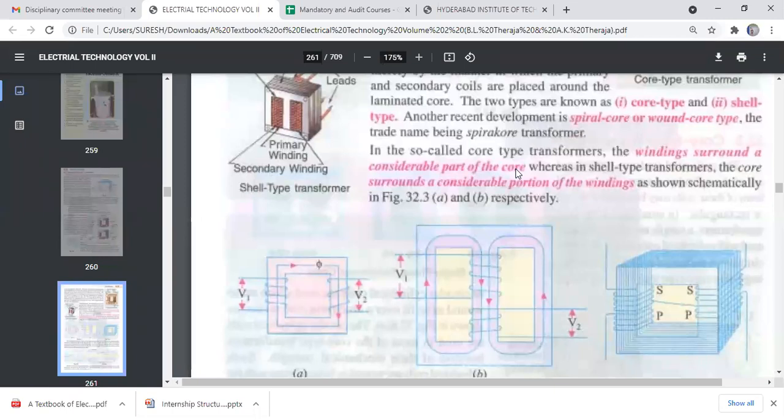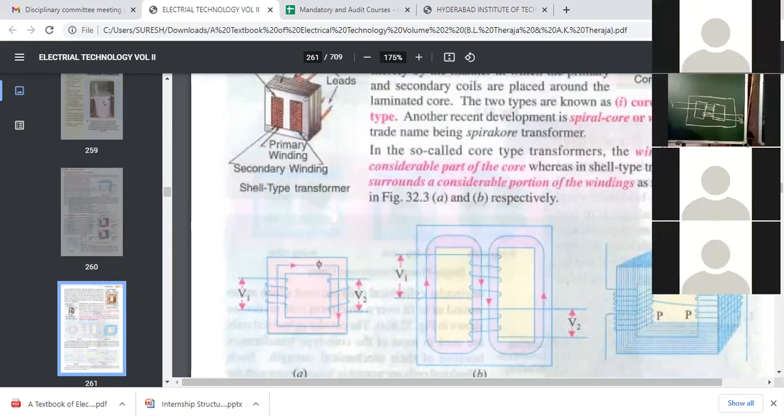This is the shell type transformer. This is the primary winding. This will be the secondary winding. Right hand side heading: shell type transformer.